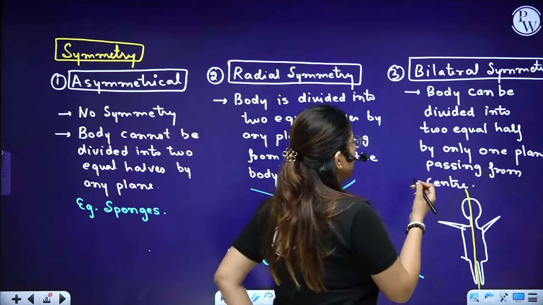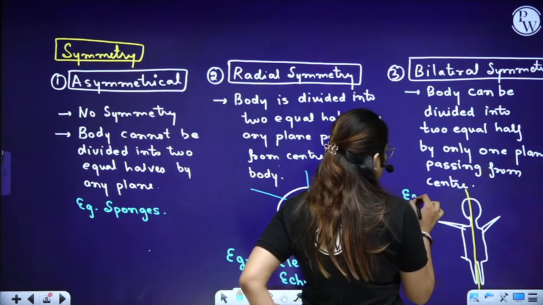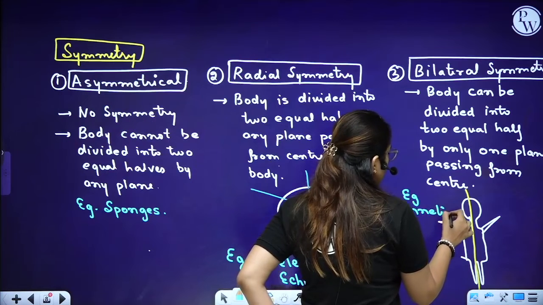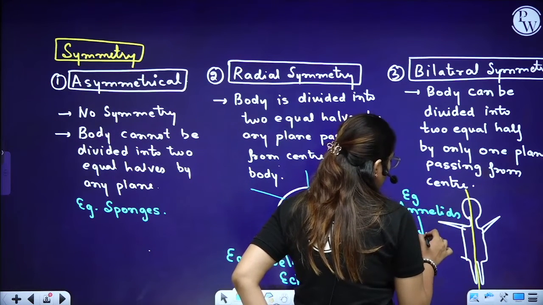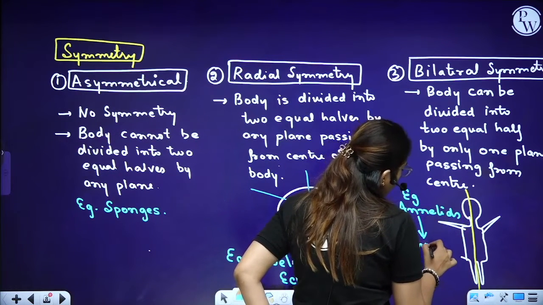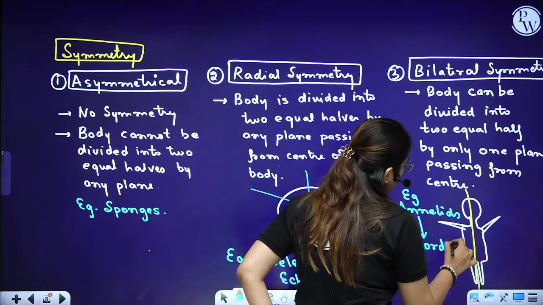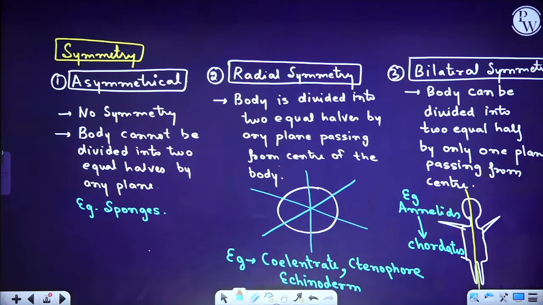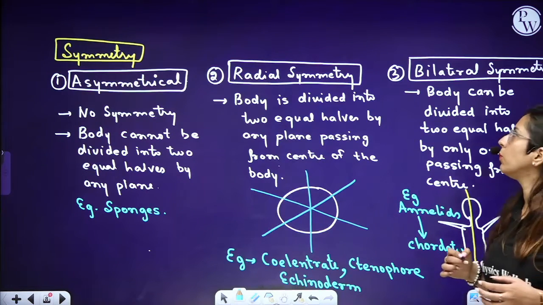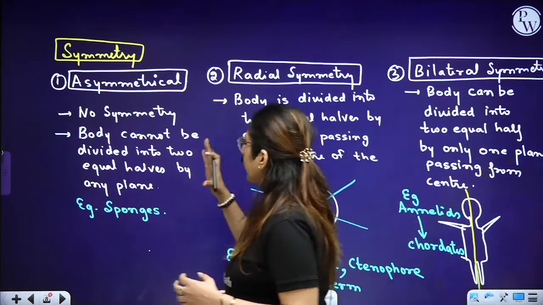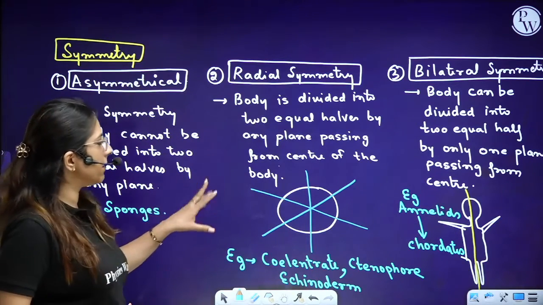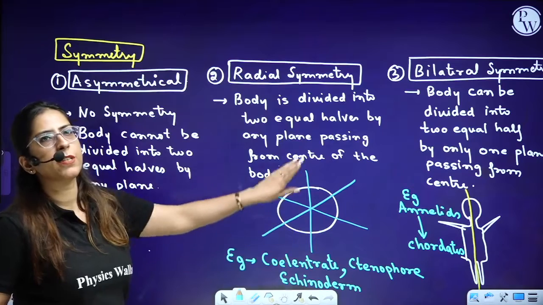Whereas bilateral symmetry will be present in annelids, and onwards to the chordates. That means in the higher organisms, you are going to find that such kind of symmetry is there. The annelids, the arthropods, further. Clear? Asymmetrical, no symmetry is there. The radial symmetry, any plane passing from the center.